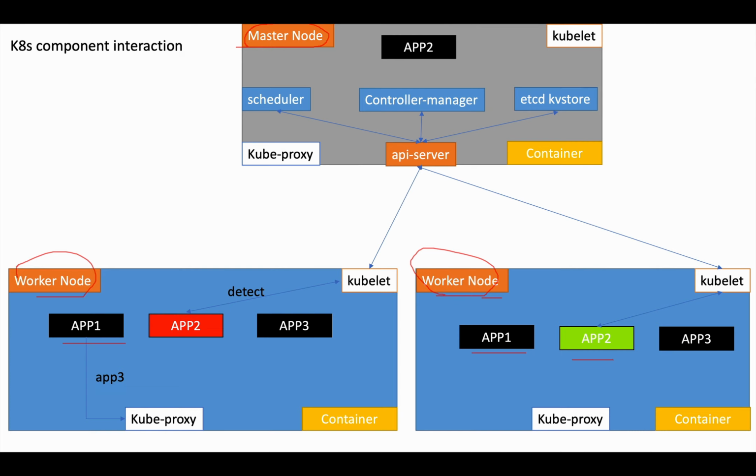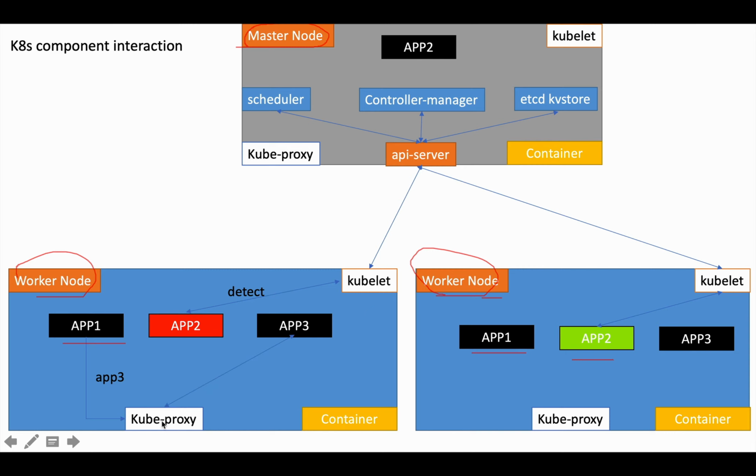If F1, such as the one producing cars, wants to visit the factory producing planes, it should first ask the guard, kube proxy.